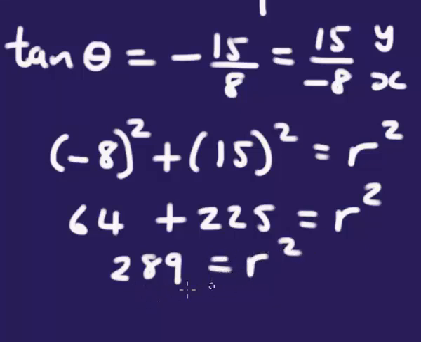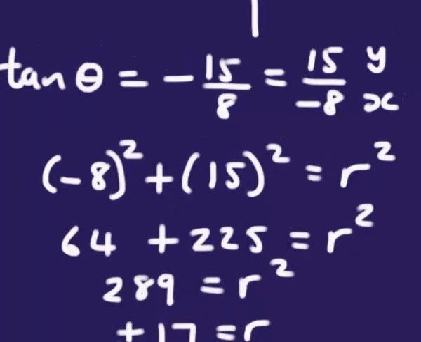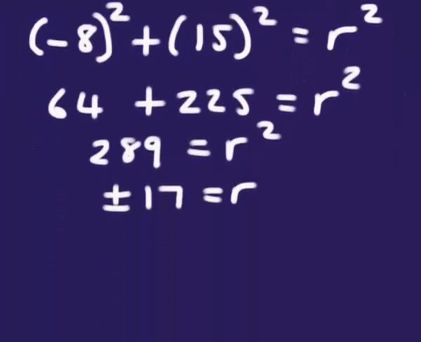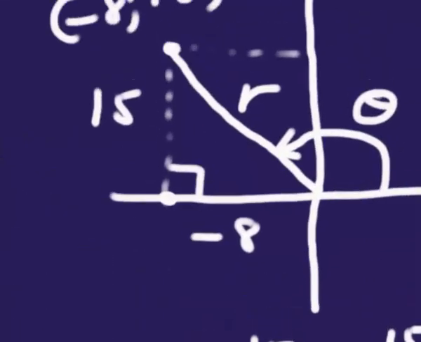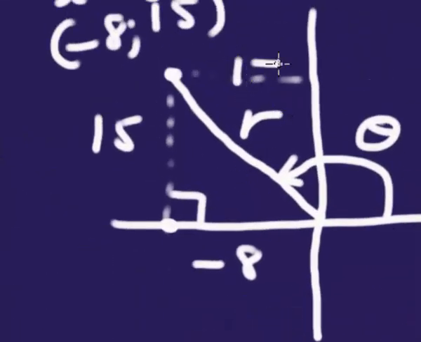The square root of 289 is going to be plus or minus 17. But r is always positive. There's no way your radius will ever be negative.